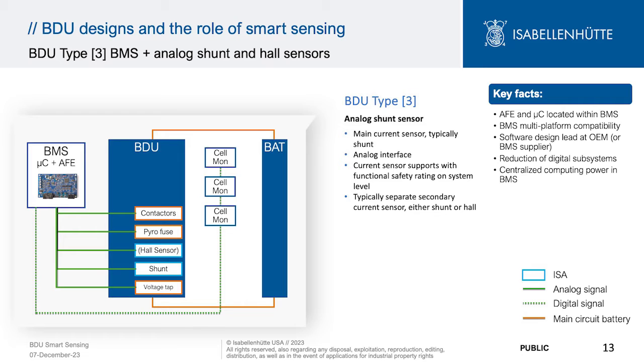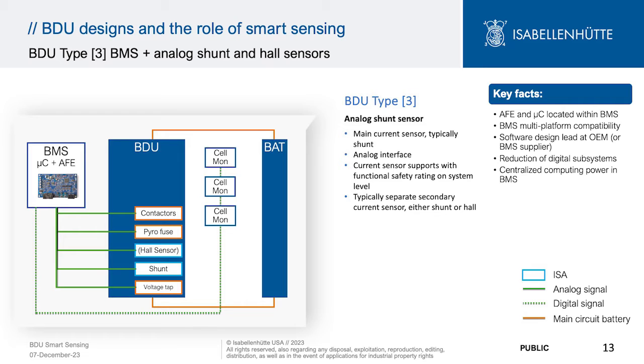The current sensor in that case wouldn't come with any functional safety rating, so it would support achieving an ASIL rating on system level together with a secondary analog channel typically, which would also be designed into the BDU.